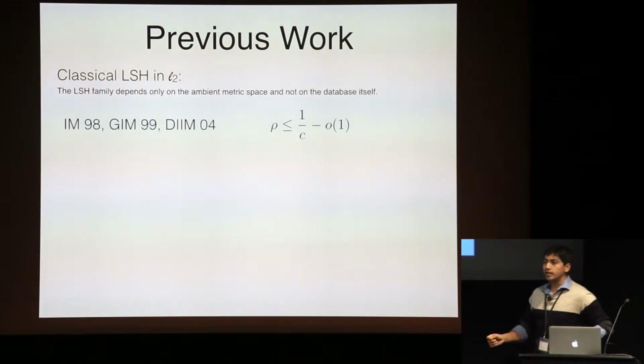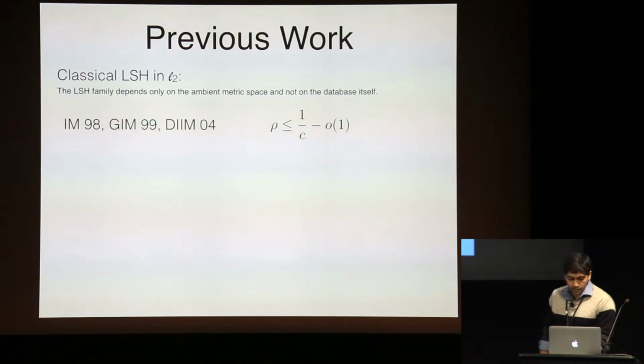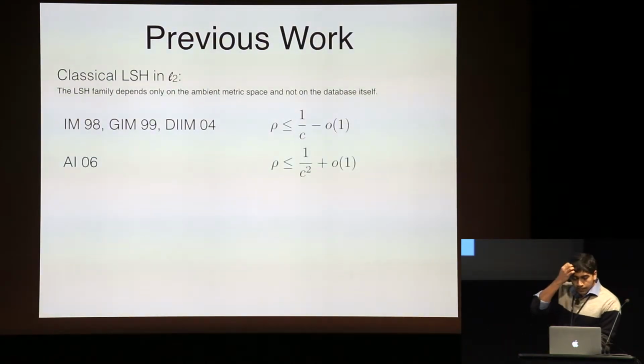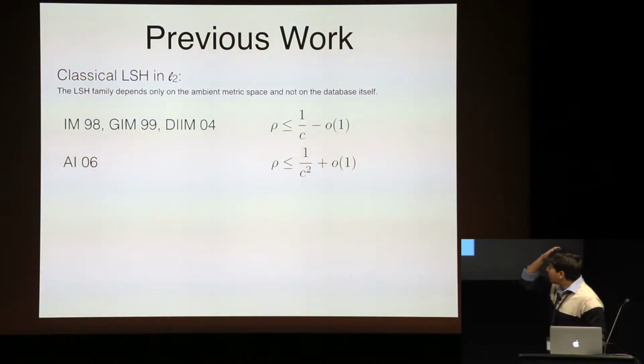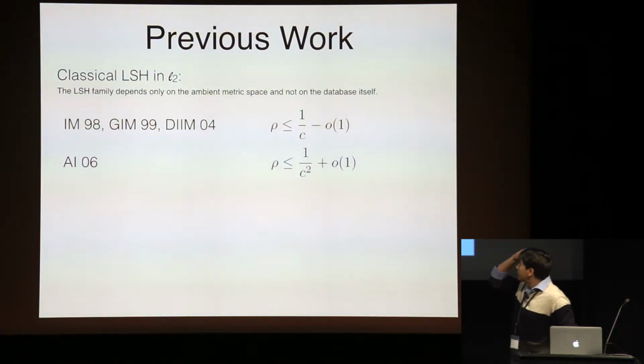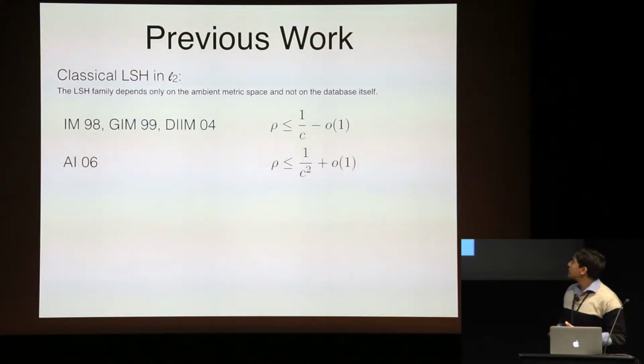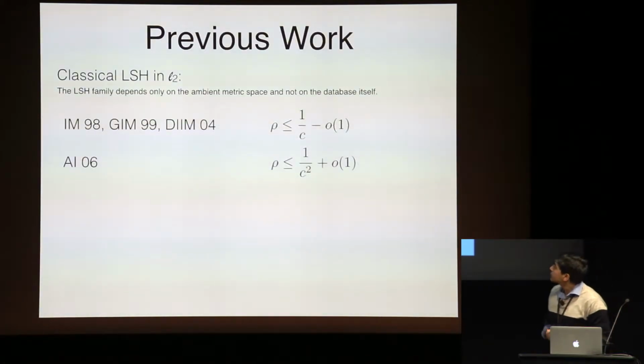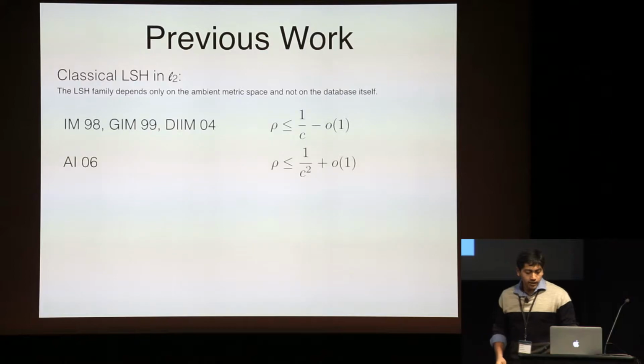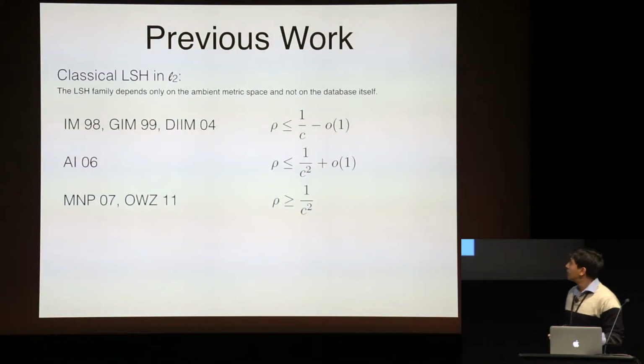This was later extended to Euclidean spaces. Later, Andoni and Indyk gave an LSH algorithm which uses a ball partitioning scheme to partition the space, and their scheme achieved an LSH constant of 1 over c squared, which was shown to be optimal.